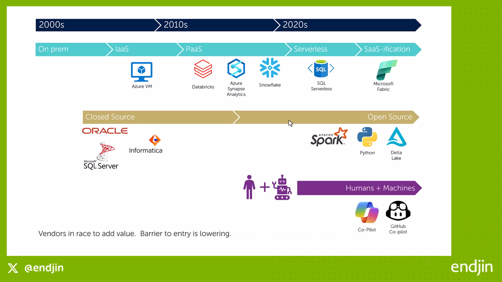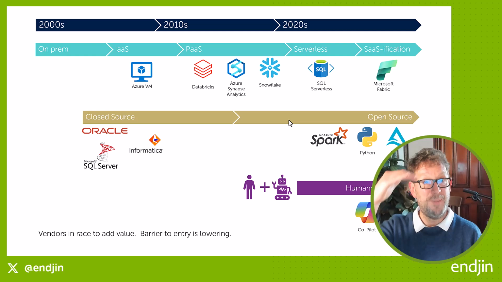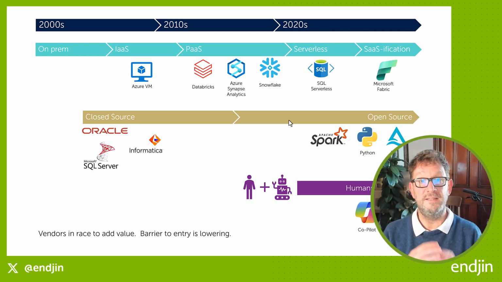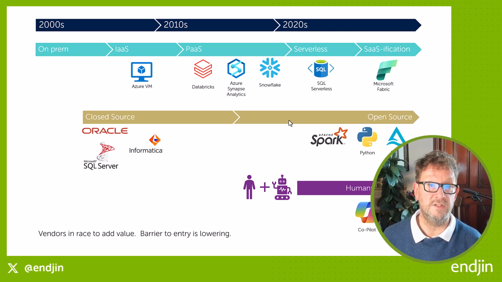And more recently, we've seen the emergence of intelligent agents that work in collaboration with analysts and data engineers and data scientists, helping them to be more productive, more creative, and to deliver better data products. Now, the net result is that the barrier to entry is lowering. This technology is now available to organizations, whatever their budget, size, and existing data skills.